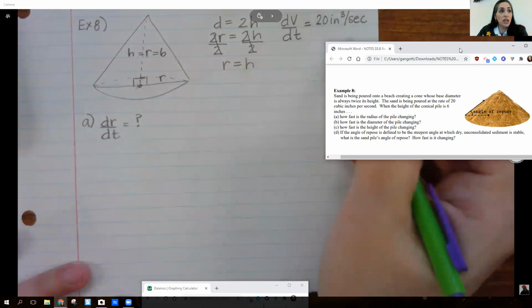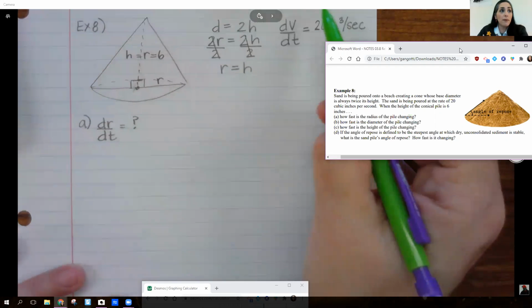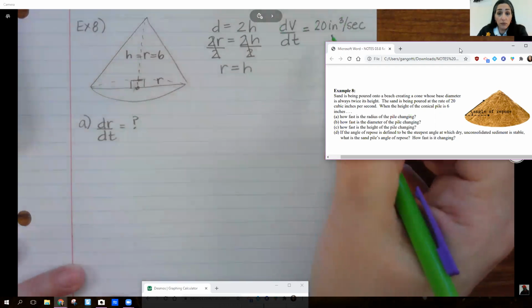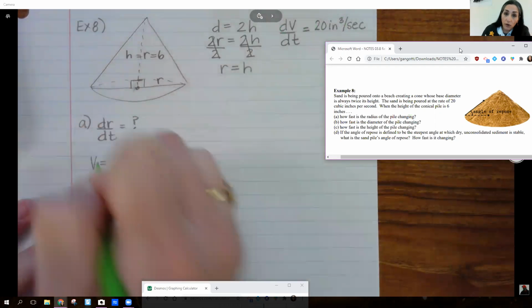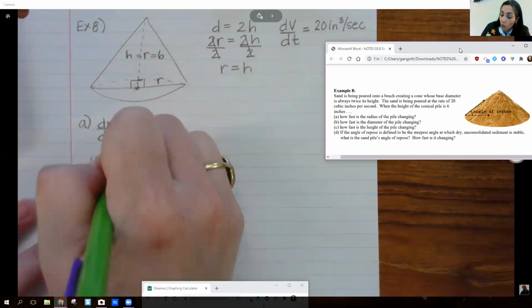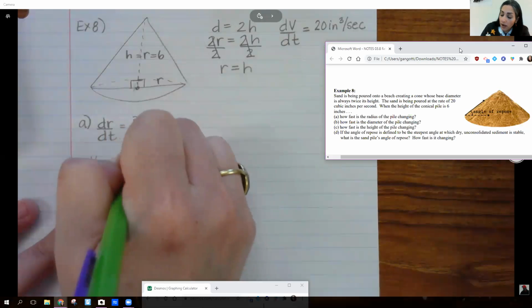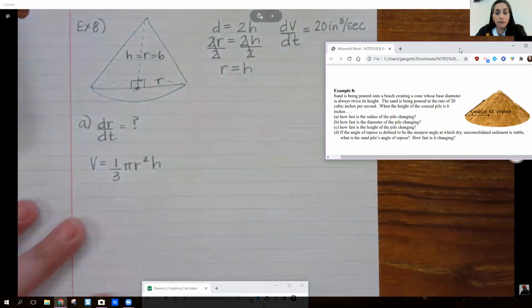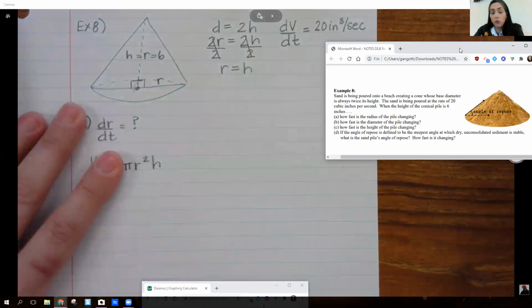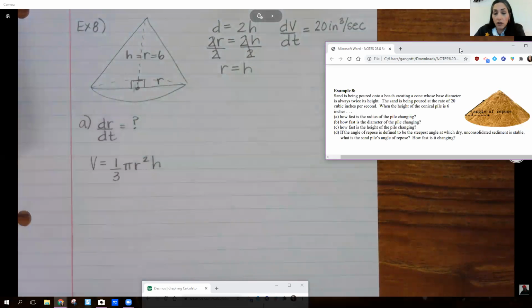You've got a change in volume, so we need to work with a volume formula and take the derivative of it. The volume of a cone is 1/3 pi r squared h. Pi r squared h is the formula for the volume of a cylinder. A cone is just 1/3 of that; you can fit 3 cones in the cylinder.